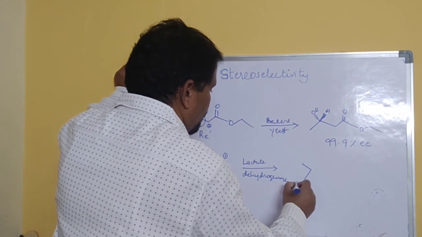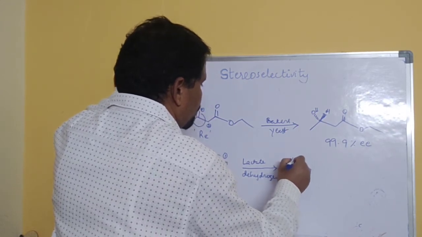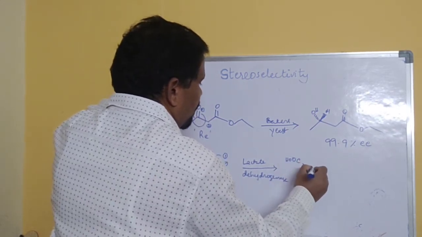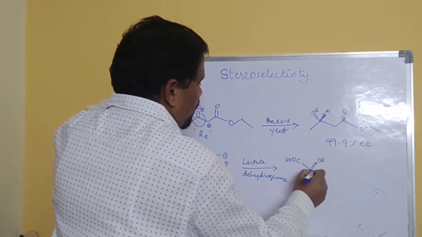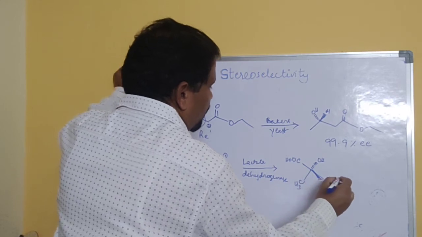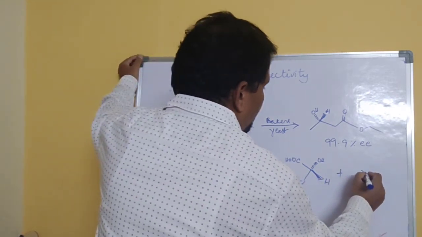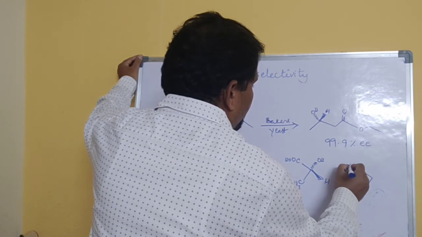Two enantiomers are possible, with COOH and hydrogen.